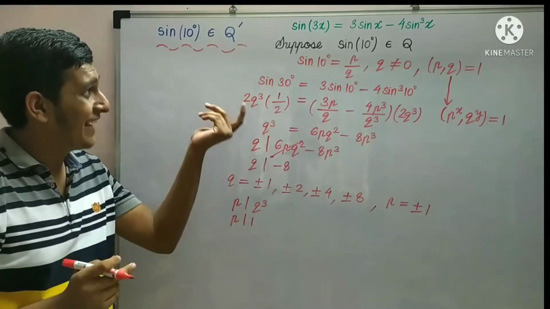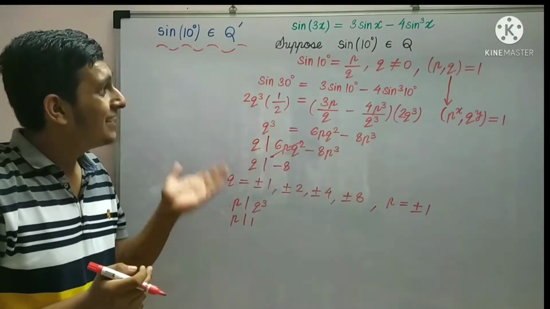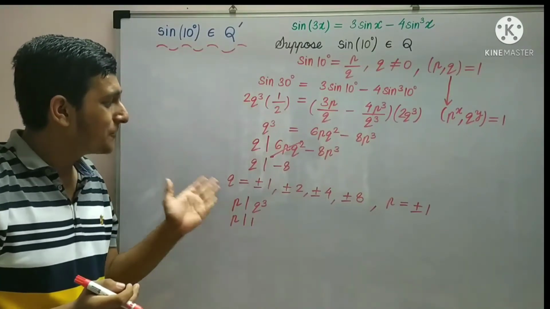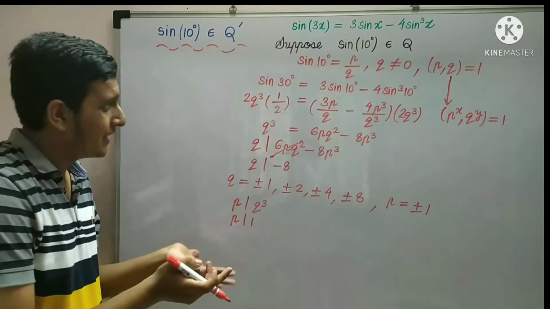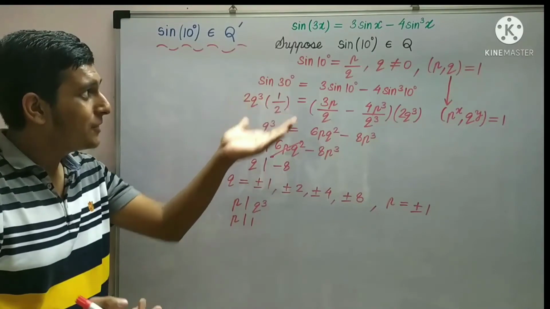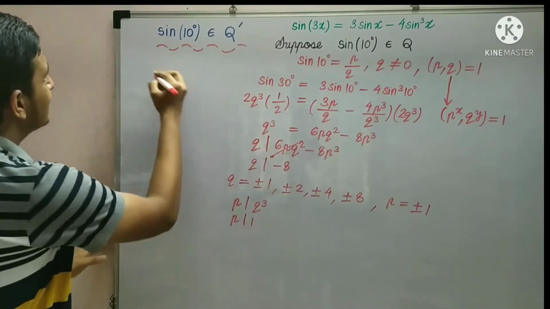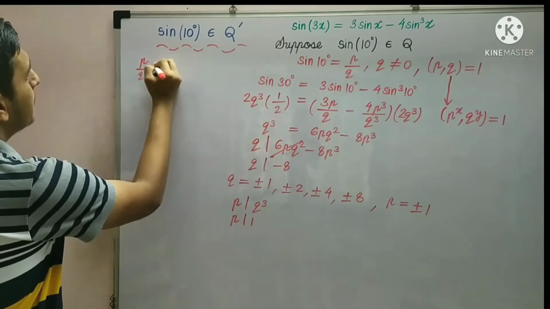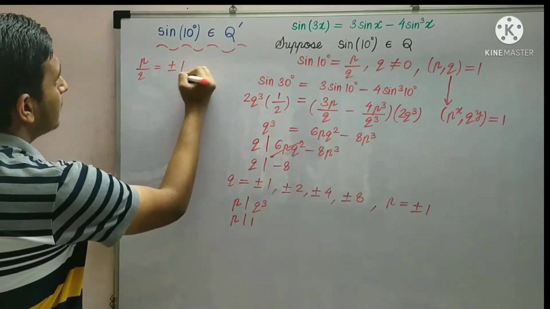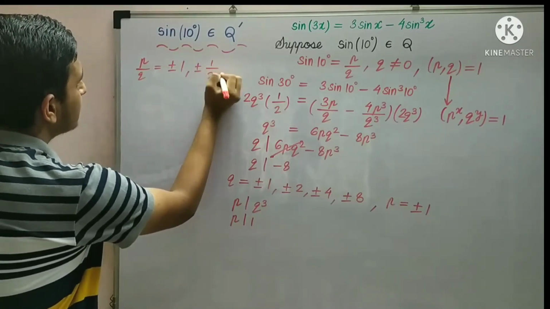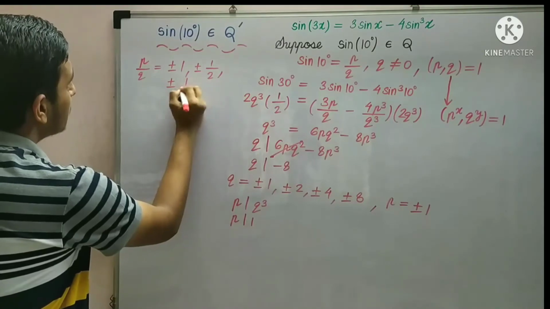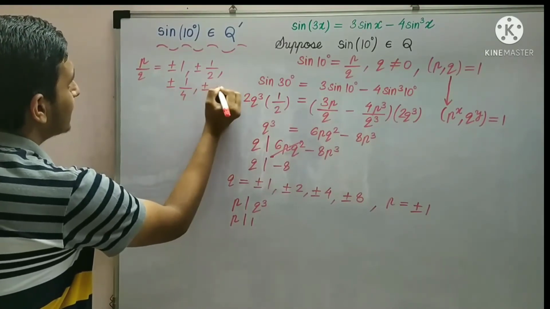Don't forget that sine 10 degree is P over Q, and because P and Q can take one of these 8 values, P by Q is allowed to hold plus minus 1, plus minus half, plus minus 1 over 4 and plus minus 1 over 8.